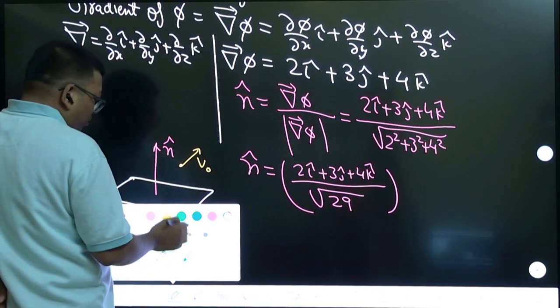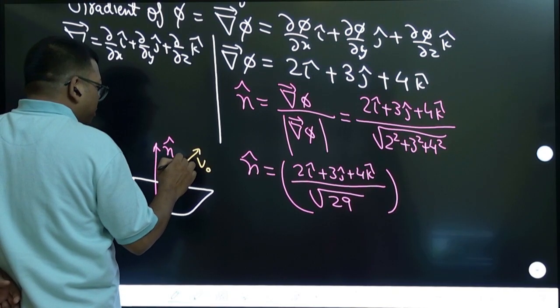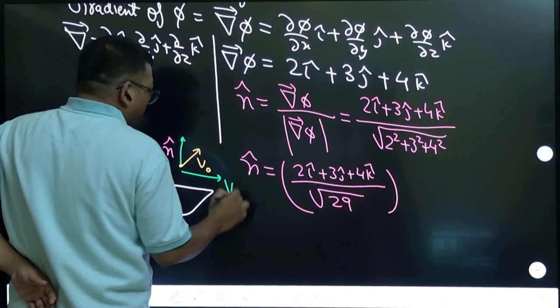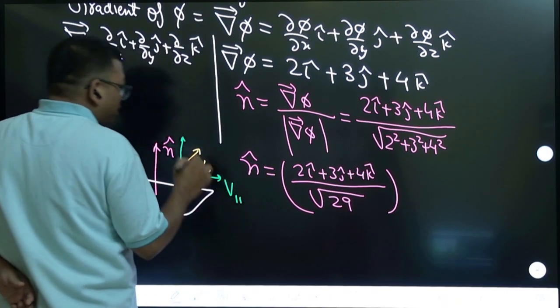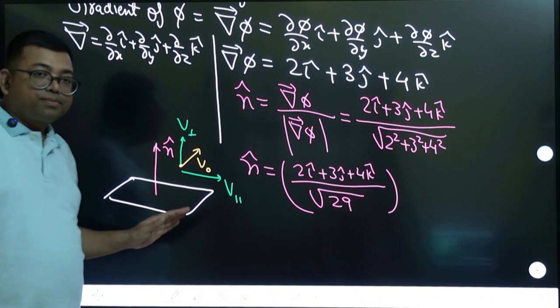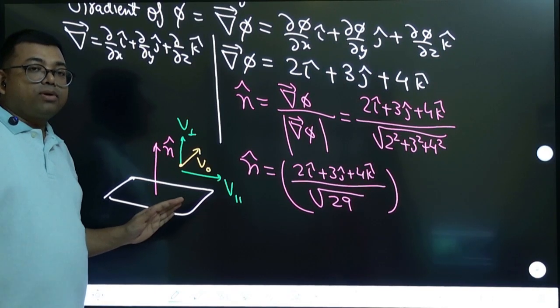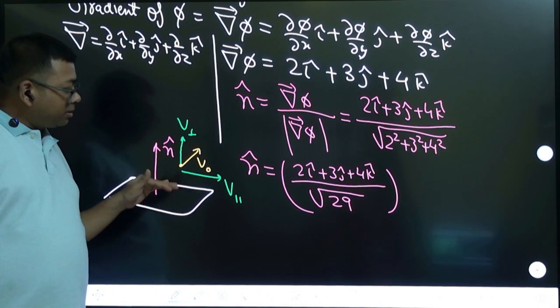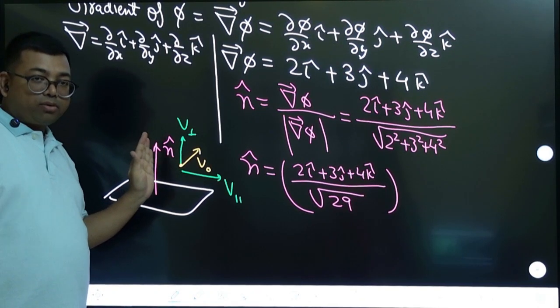We can resolve the object velocity in this direction: this is object velocity parallel to the mirror, and this is object velocity perpendicular to the mirror, right? So we can resolve the object velocity into two, one parallel to the mirror, another perpendicular to the mirror.